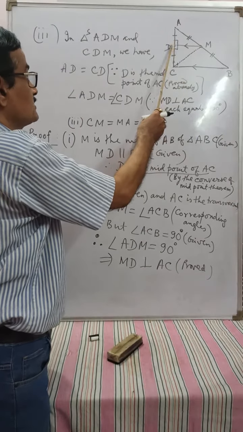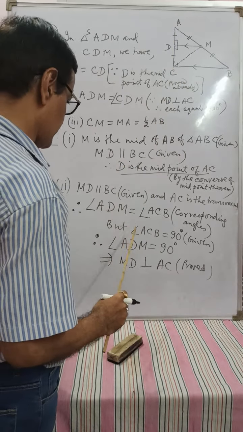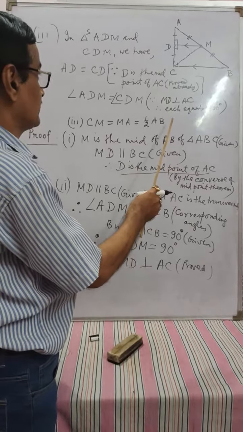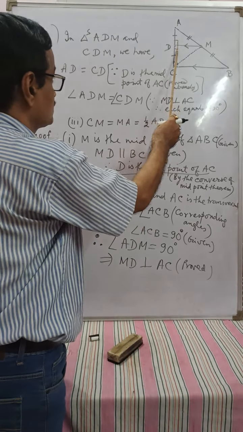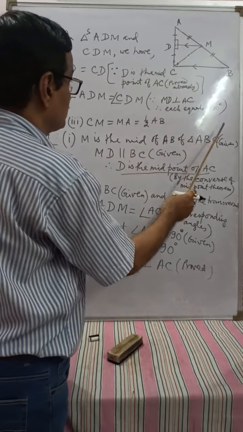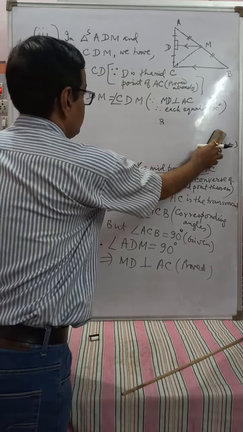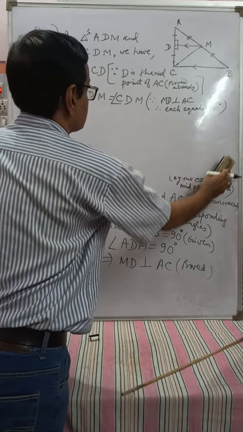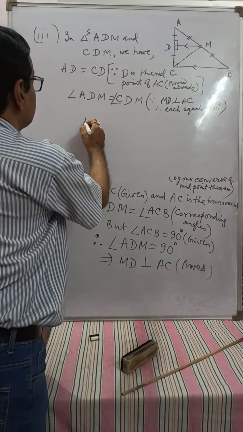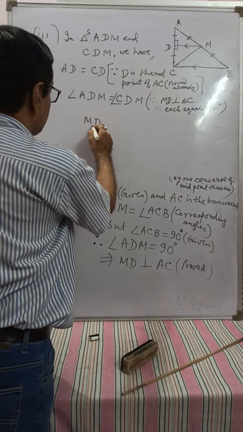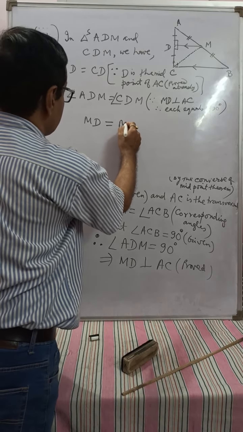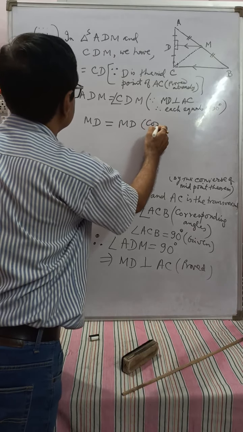So since MD is perpendicular to AC, already proved, we can say each of these two angles is equal to 90 degrees. And third, MD is common. MD is equal to MD, that is common.